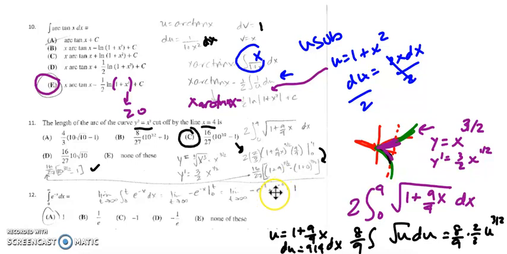E to the 0 is just 1. What you need to see is that negative e to the negative t is really negative 1 over e to the t, and then plus 1 over e to the 0. When I plug in infinity into this t in the denominator, this first term goes to 0, and the second term just goes to 1, so my answer is 1.